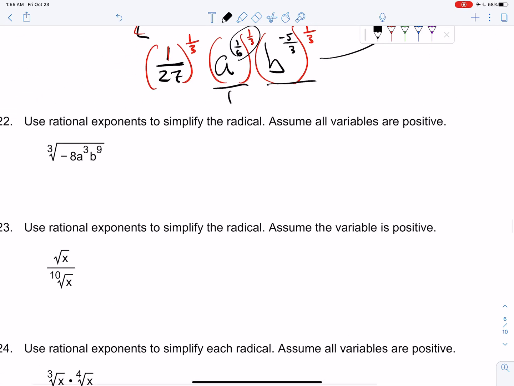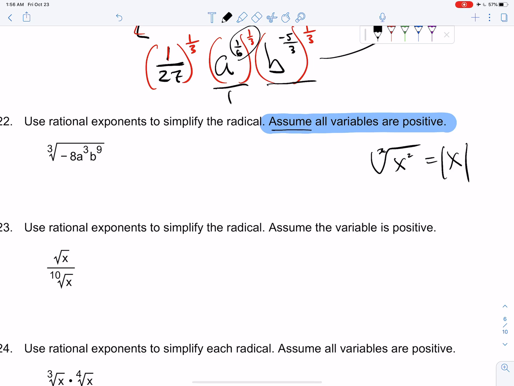Okay, here is the little statement, the WIMP. I shouldn't call it WIMP statement. But when it says assume all variables are positive, it takes the weight off us having to remember that if we're going to simplify variables that have even indices, we have to use absolute value.